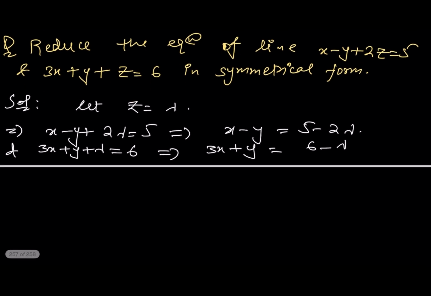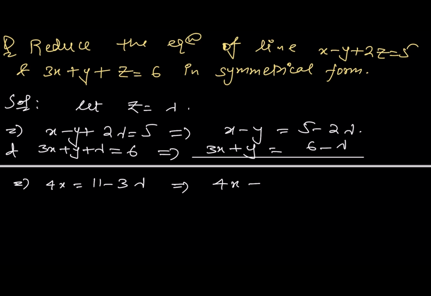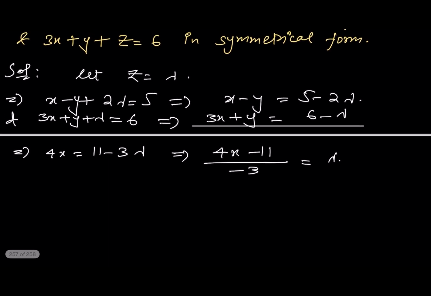Now if I add both these equations, I will have 4x is equal to 11 minus 3 lambda. Okay, or (4x minus 11) upon minus 3 is equal to lambda, right? Now if I put the value of x in any one of these two equations, I will get y in terms of lambda.